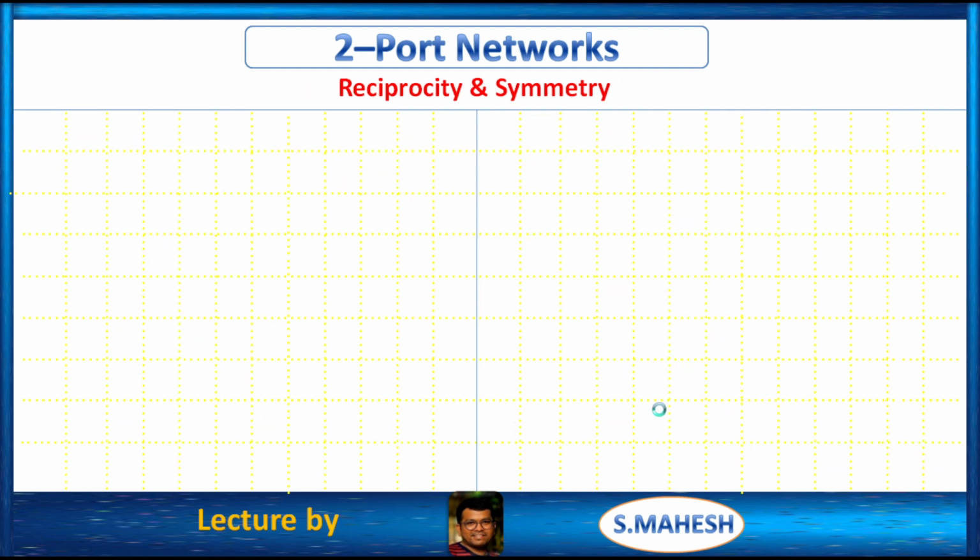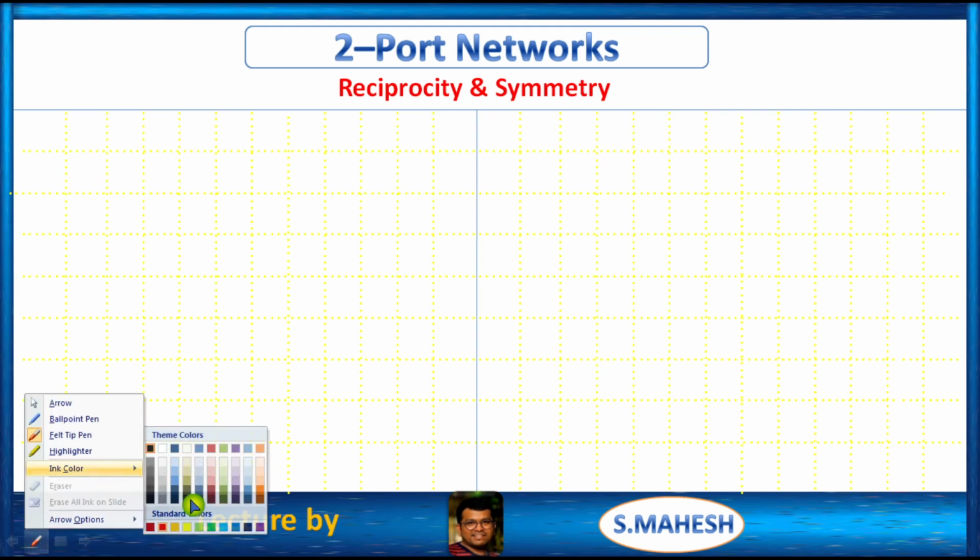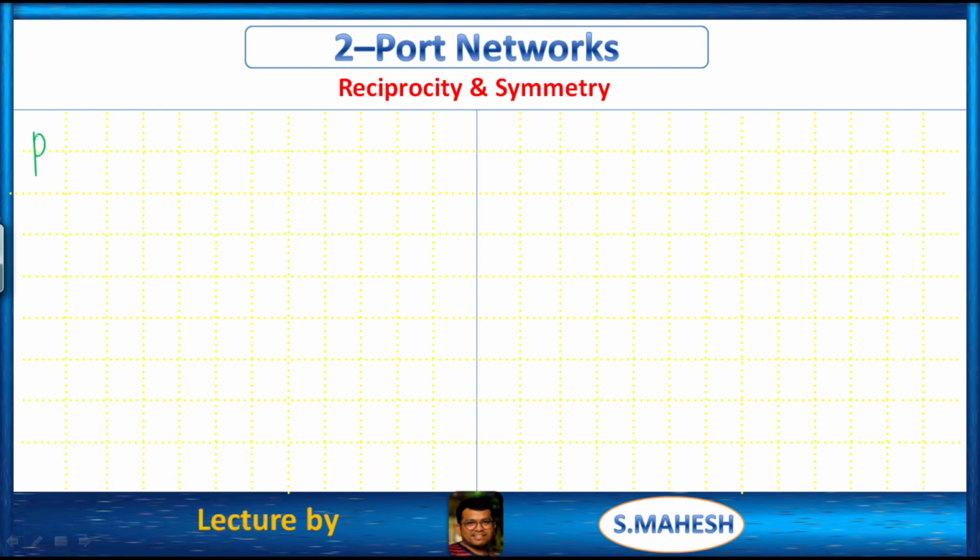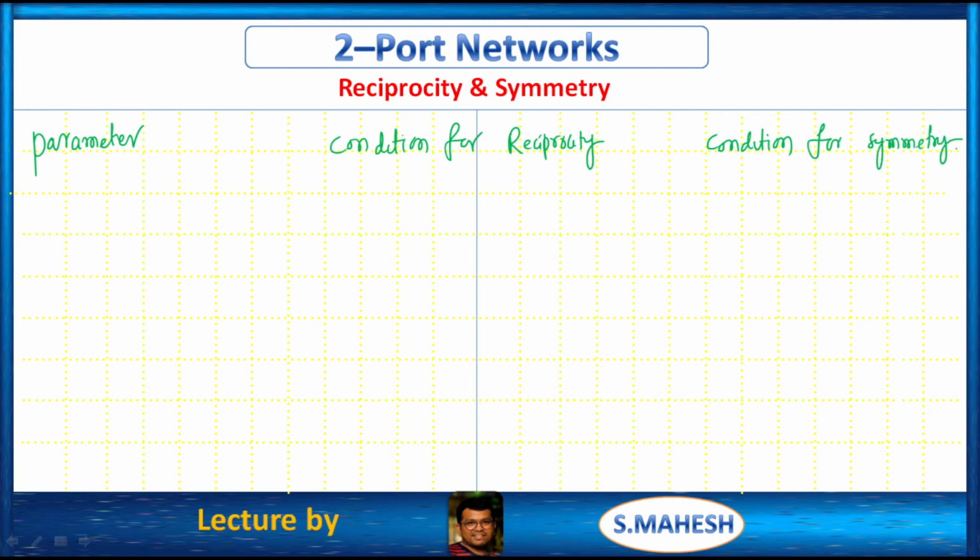Now we have to summarize the things. Summary. Here we can write the parameter, the condition for reciprocity, and the condition for symmetry.